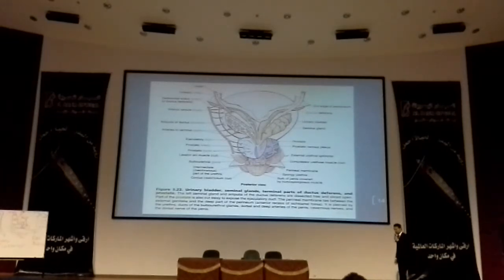This is very important, okay? You see this is the inferior vesical artery, and the inferior vesical artery with the superior vesical artery supply the urinary bladder, and the inferior vesical artery also supplies the seminal vesicle. You see, this is a seminal vesicle. The seminal vesicle is supplied by the inferior vesical artery. So, next.